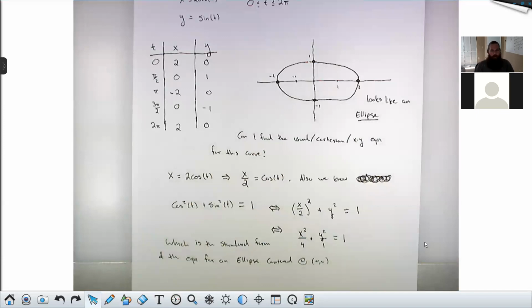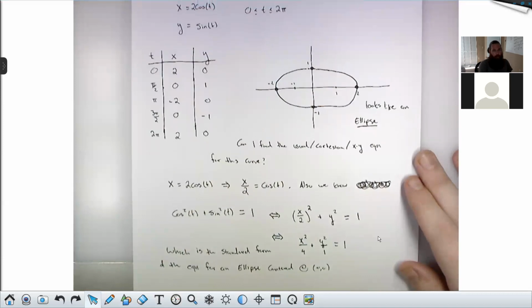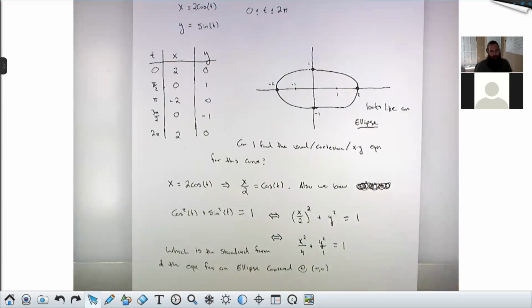So another way I could have gotten this graph is by first finding this equation and then just graphing this equation, which is something we remember how to do from our study of conics. Sometimes it's easier to see from the parametric equations what your curve is going to look like. Sometimes it's easier to see from the regular xy Cartesian equation.